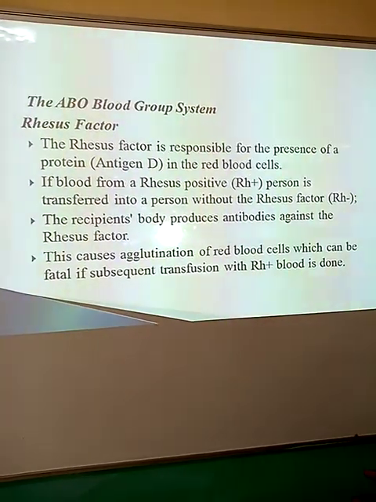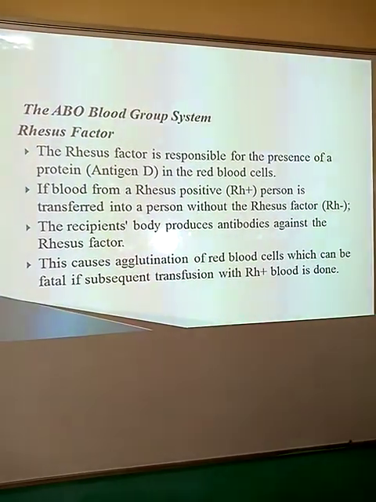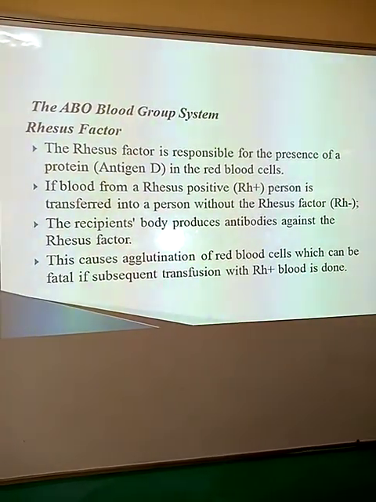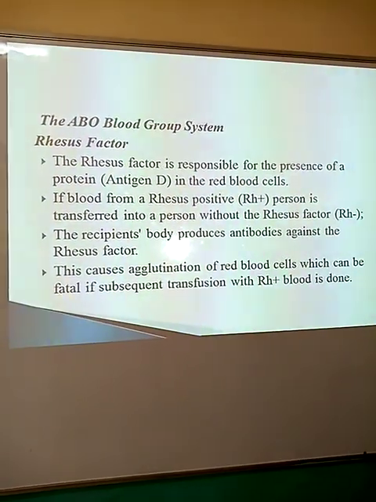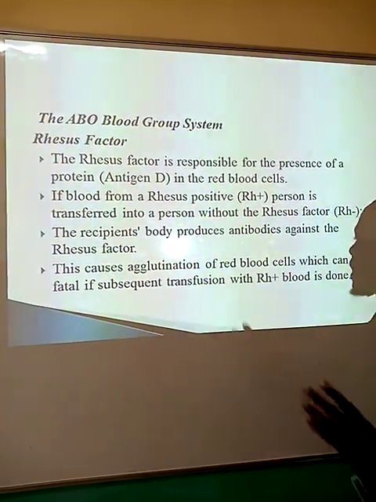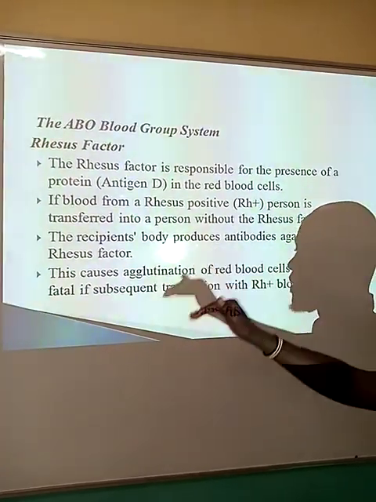Why is this the case? It is because the rhesus positive factor is dominant. It dominates or suppresses the rhesus negative. So when that happens, the recipient's body produces antibodies against it.